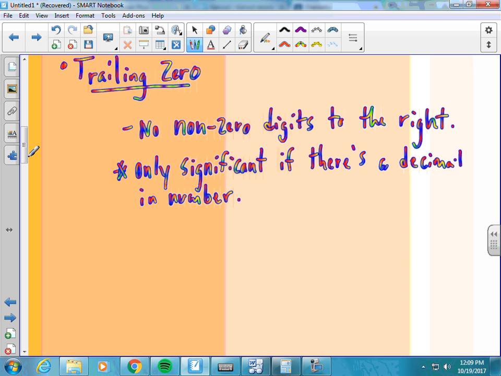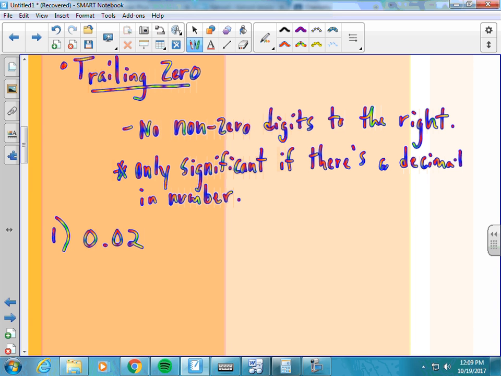Let's look at number 1. It says determine the number of significant figures in the following numbers. Number 1, which says 0.02. All right, now first of all, and this is an important point, whenever you have zeros together, they're the same kind of zeros.